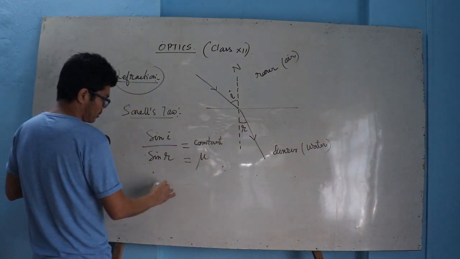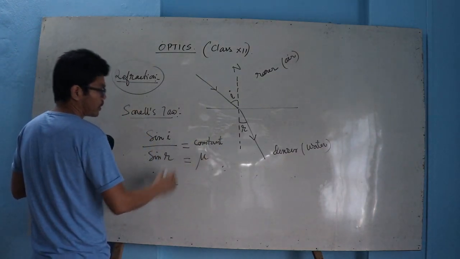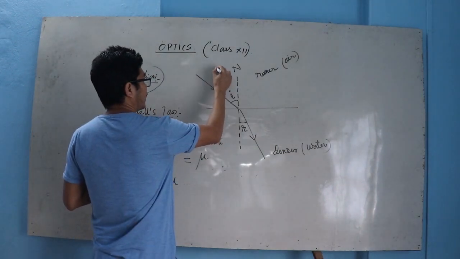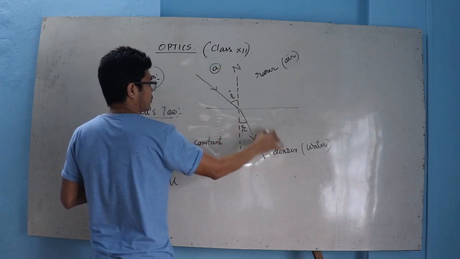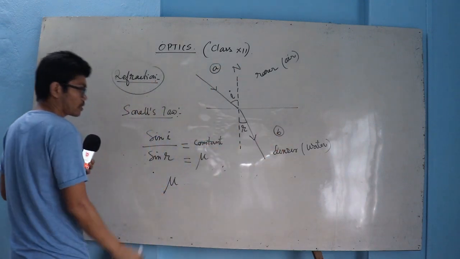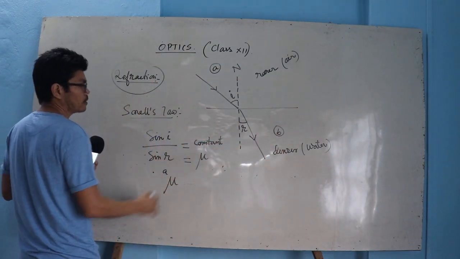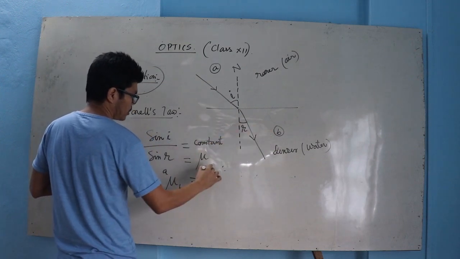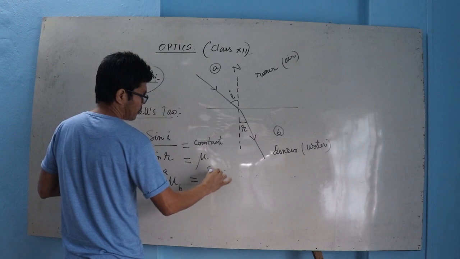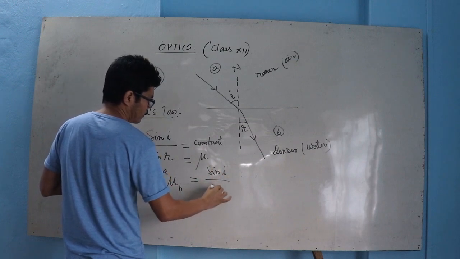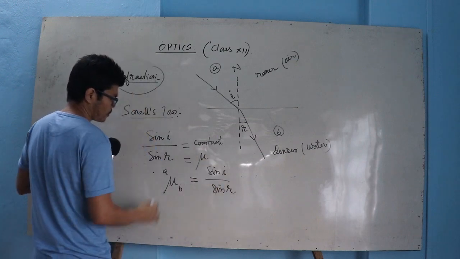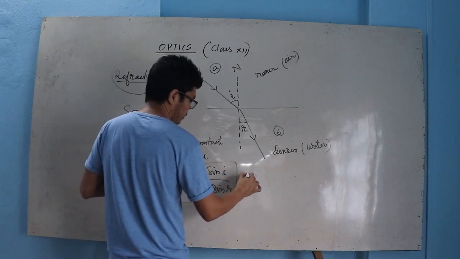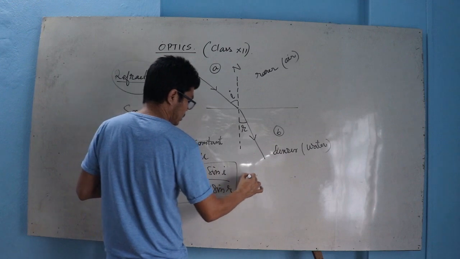So in short, suppose the light in the figure is traveling from medium A to medium B. The starting medium is put here A, and the finishing medium is put here B, so that it becomes equivalent to sine i divided by sine r. So this equation is what we call Snell's equation, or simply Snell's law.